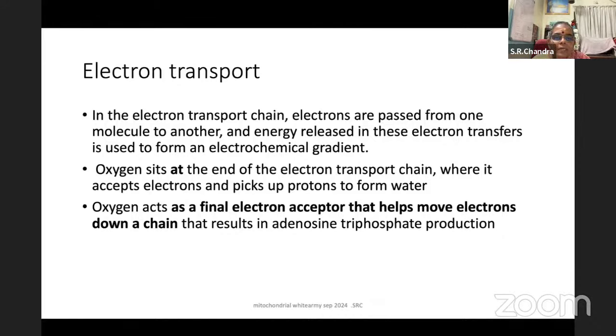Oxygen acts as a final electron acceptor that helps move electrons down a chain that results in adenosine triphosphate production. So electrons are transported through complex 1, 2, 3, 4, and the final complex accepts oxygen, and water is formed and ATP is also formed.